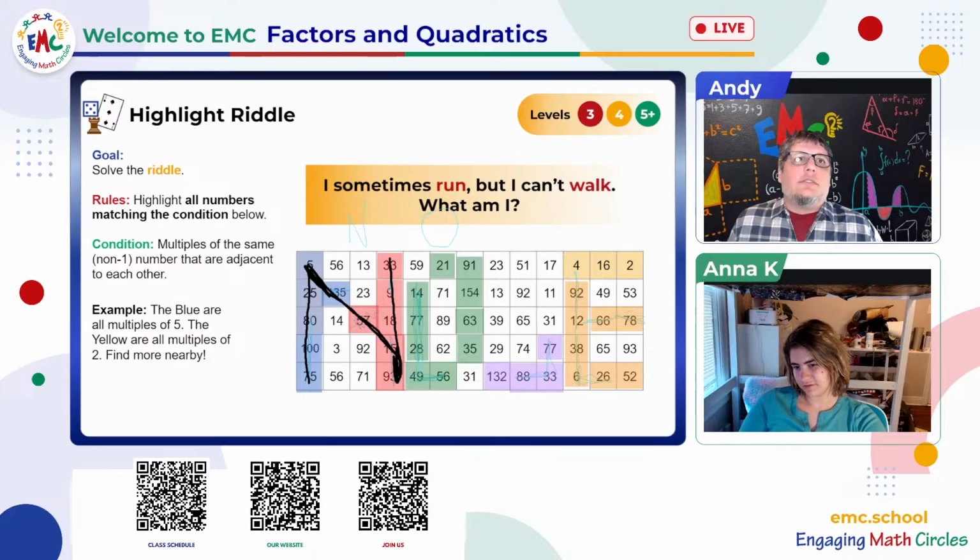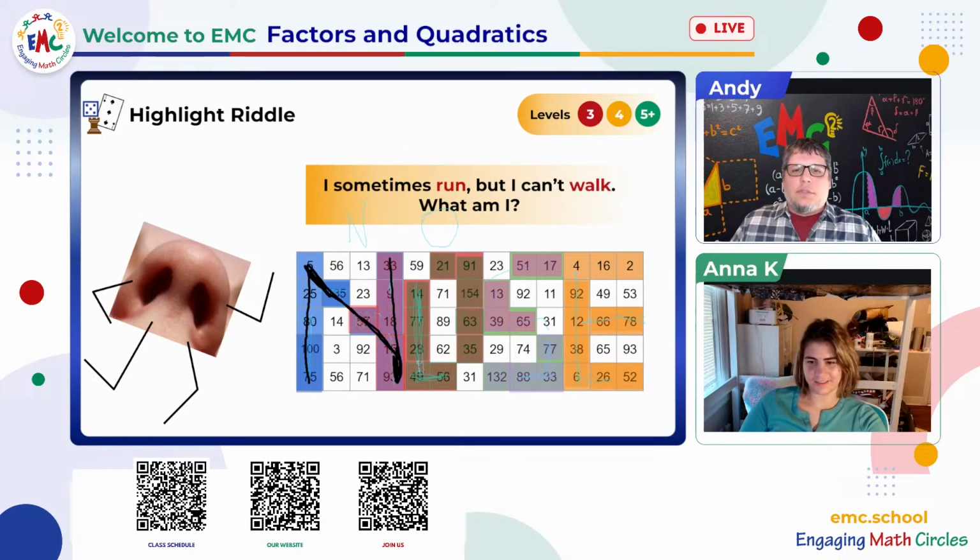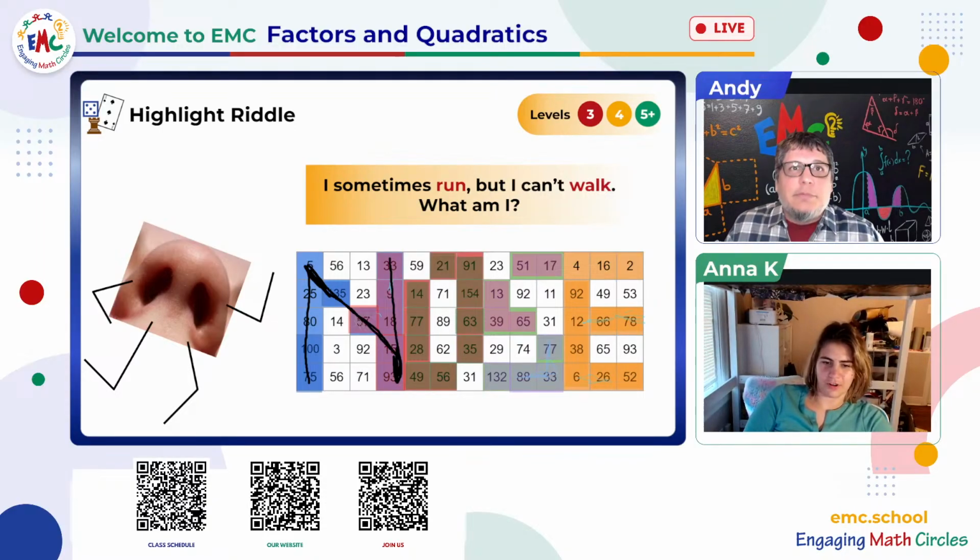Nose! These two are together with 17, and these are together with 13. And we get nose. I sometimes run, but I can't walk. Well, that nose seems to be walking or running. Hard to say.